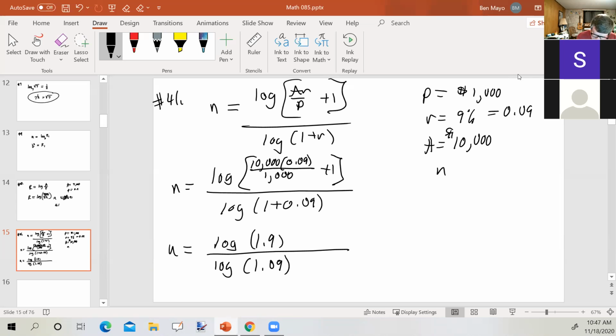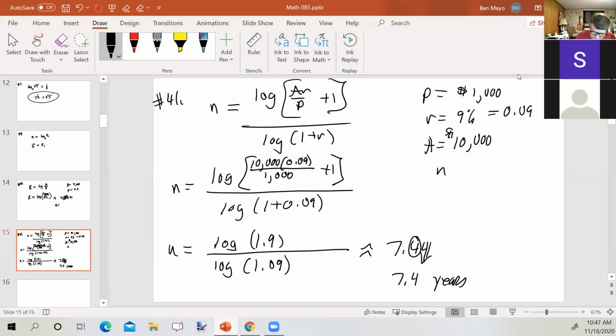Yes, I was thinking I was going to get the same number, but I don't. 1.09. So I've got the log of 1.9 divided by the log of 1.09. And I get 7.44, rounding to the nearest tenth. The 4 would round down, 7.4 years.